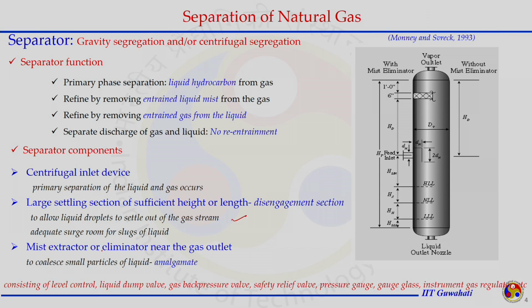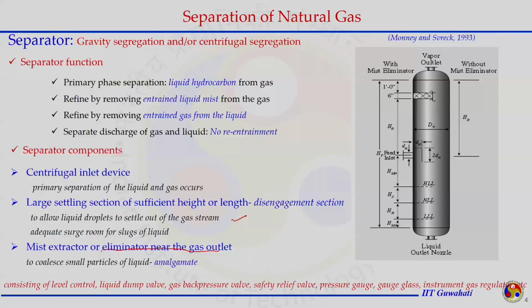Third, the mist extractor or eliminator near the gas outlet. If the inlet and disengagement section could not separate out some of the small droplets of the liquid, those are going forward, or upward in case of a vertical separator, or further in case of a horizontal separator. These small droplets are just being carried forward with the gas.